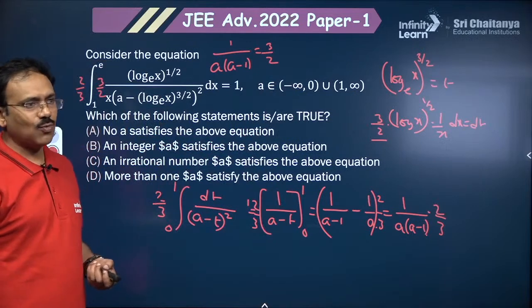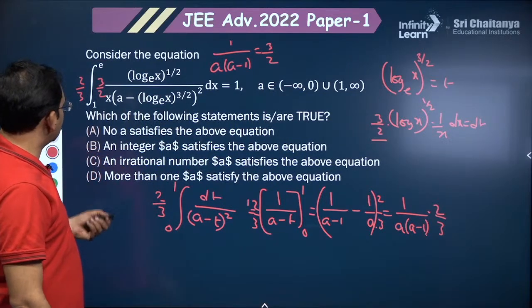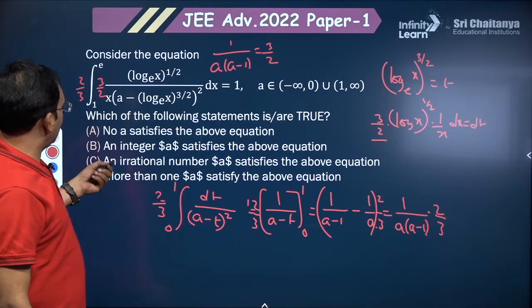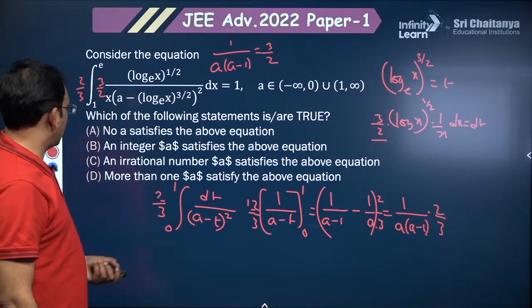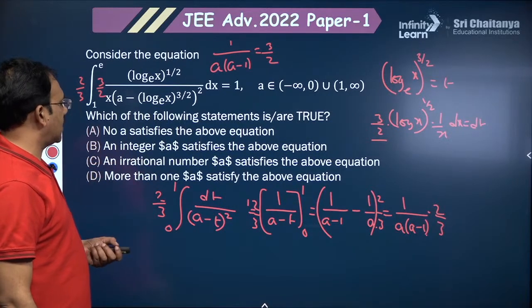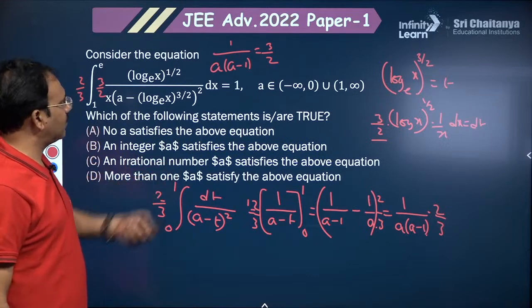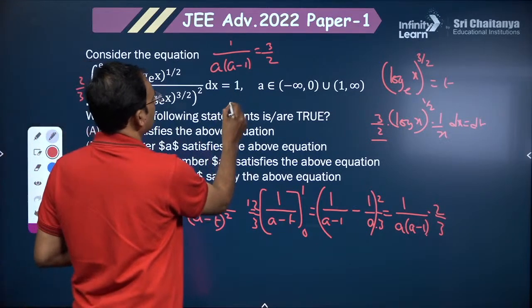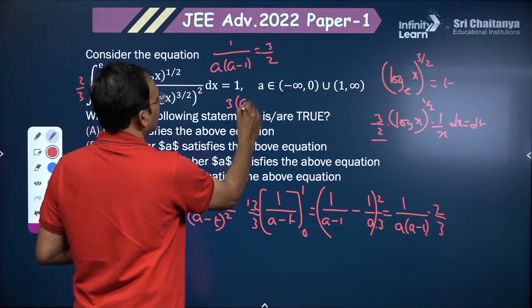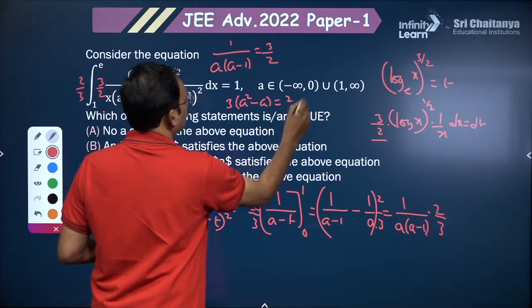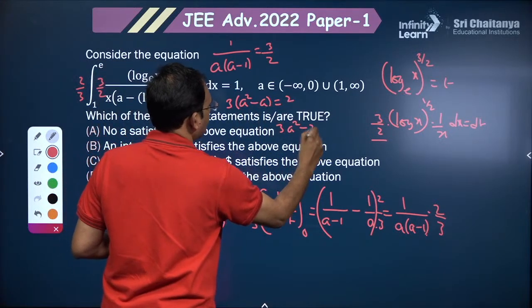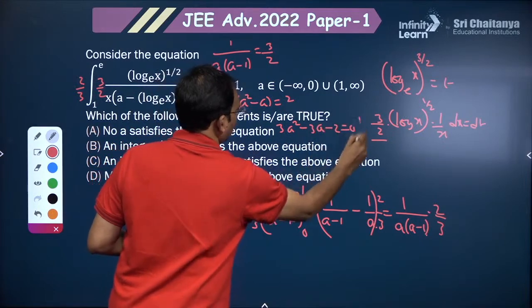You just solve this quadratic equation. He is asking for the number of a that satisfies the above equation, whether an integer a satisfies it, and whether an irrational number satisfies it. It is a quadratic equation, 3 into a square minus a equal to 2, 3a square minus 3a minus 2 equal to 0.